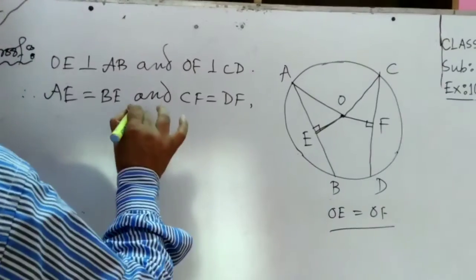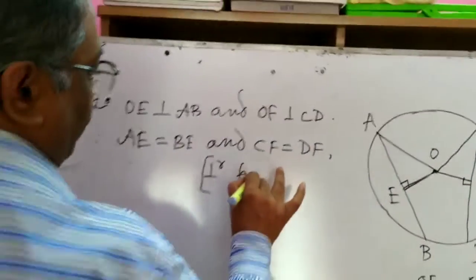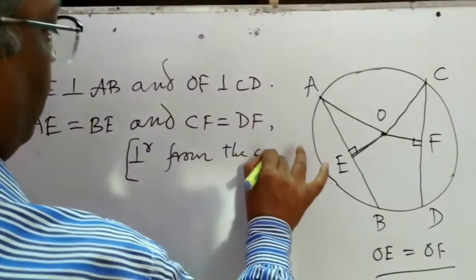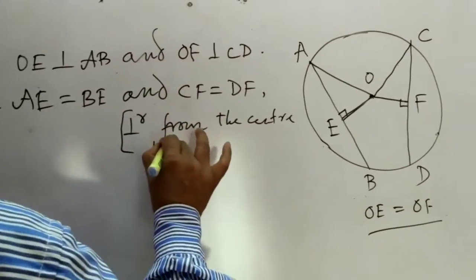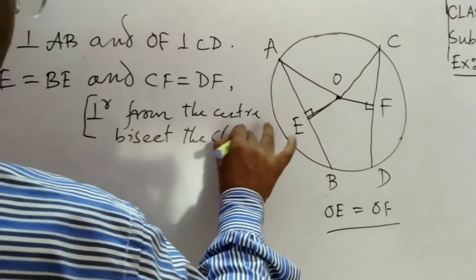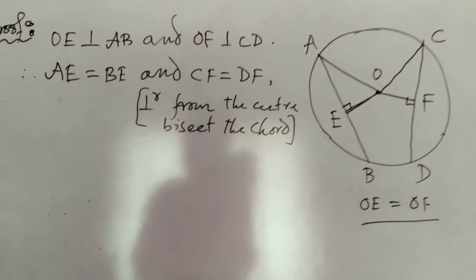একটা কন্ডিশন আছে আমাদের, perpendicular from the center bisect the chord. কোথেকে আসলো? It is from corollary.